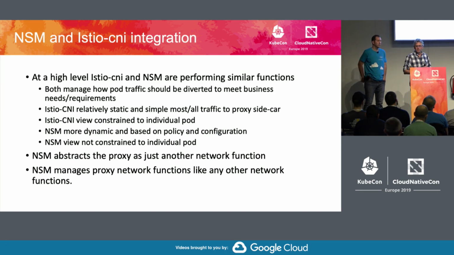Let me network in a proxy, and let me have that proxy get its configuration from a control plane like Istio or Linkerd or whatever. You can think of that proxy as just another network function that the network service mesh is aware of that needs to be inserted for that particular service. And maybe if that particular pod is doing different types of services, that proxy is only inserted for some types of traffic and not others.